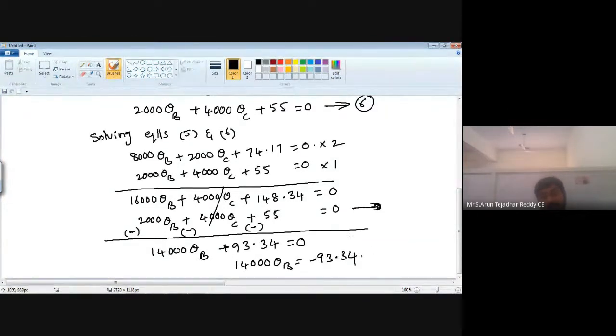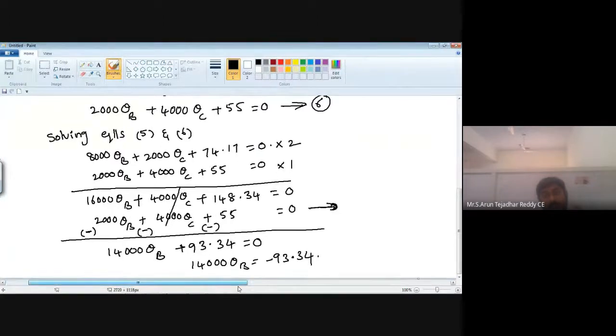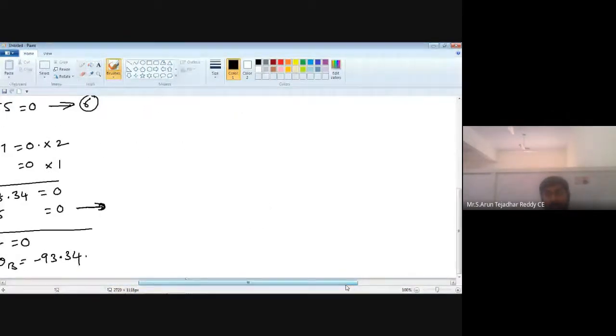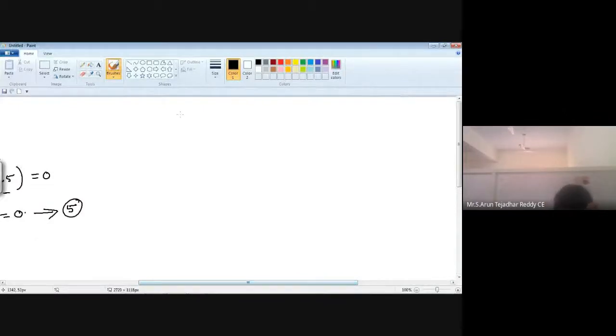Now what is the value of theta B? Theta B equal to minus 93.34 by 14,000. What is the value? Theta B is equal to minus 0.0067.